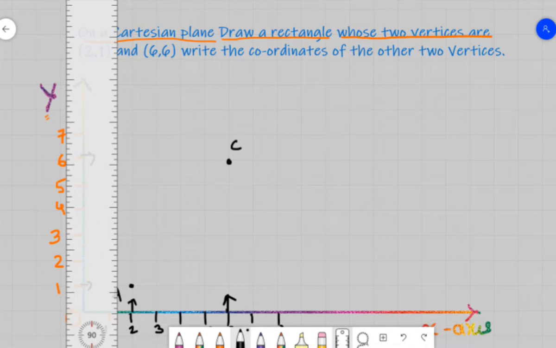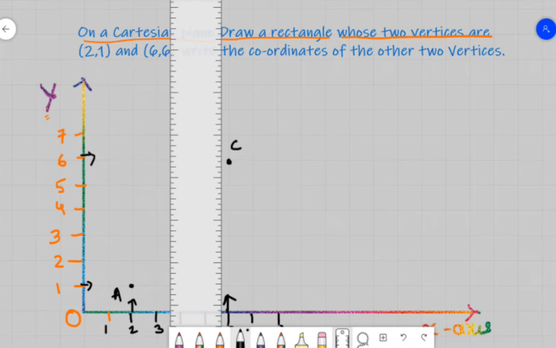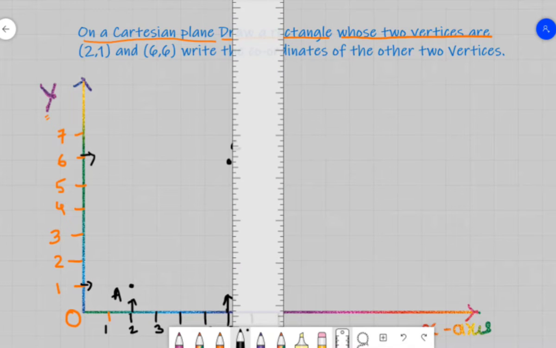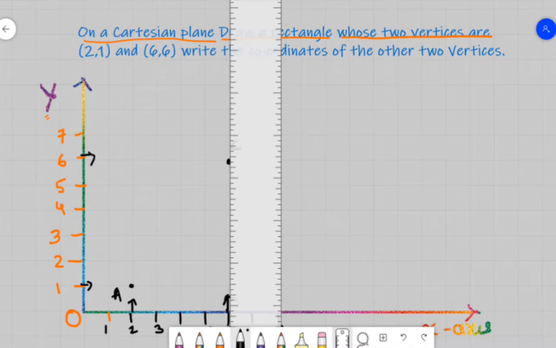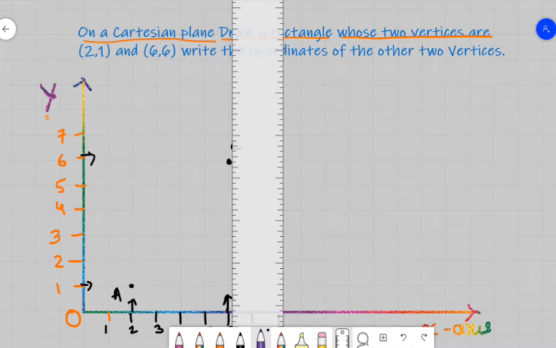See, you have got the ruler. Draw a line perpendicular from C on x-axis. Let us draw a line perpendicular from C on x-axis. So here is your C. I am drawing the line like this on the x-axis. Okay, this is the line.